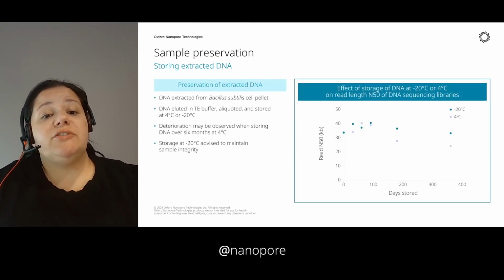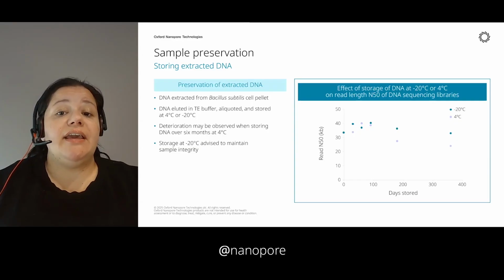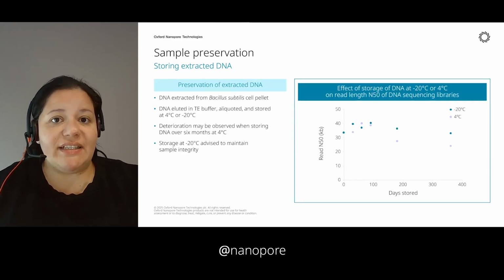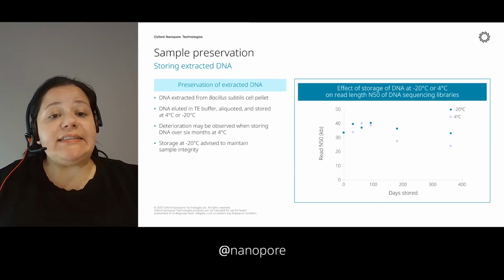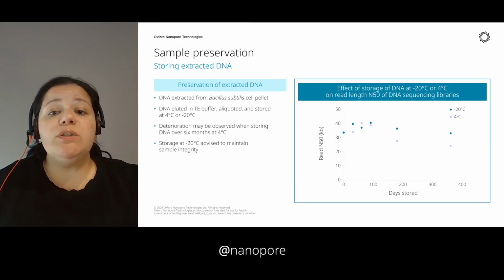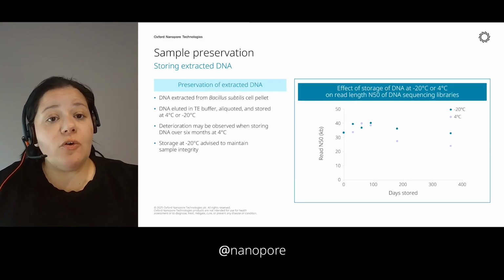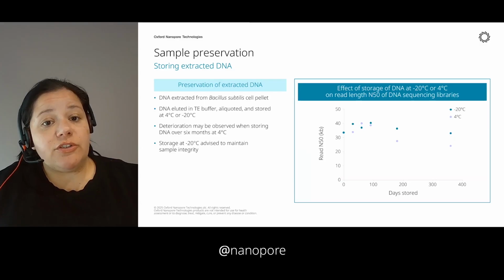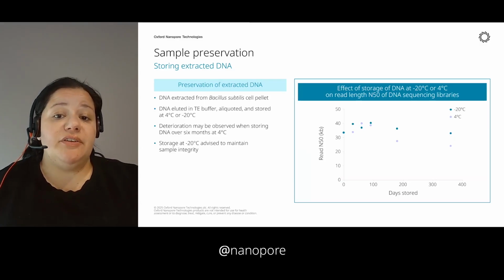Once you've extracted your samples, then you need to preserve the DNA or the RNA in the best way possible because you also want to keep that intact. And in this example, we extracted bacterial DNA and then stored it at 4 degrees and at -20. And what we saw is that for short-term storage, 4 degrees was fine. But for long-term storage, we saw a drop in the read length N50.